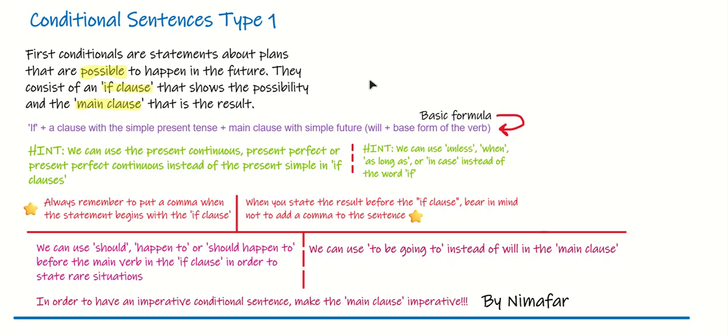So there are two hints. The first one, on the left, says we can use the present continuous, present perfect, or present perfect continuous instead of the present simple in if clauses. So instead of that, you can say, for example, if you study hard, you will pass the exam.